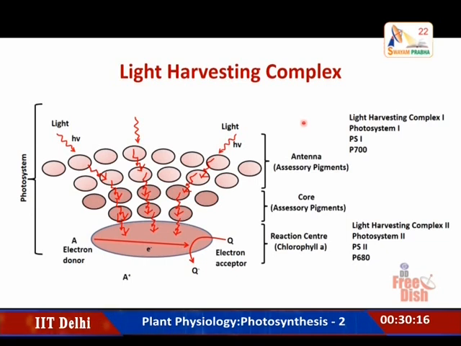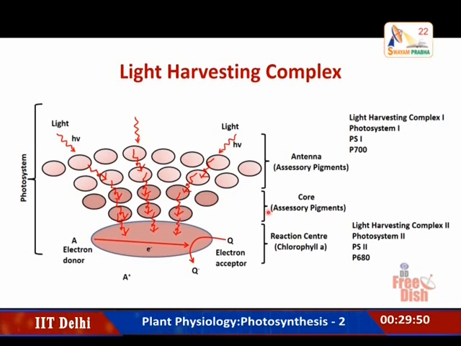That means they have antenna pigments on the periphery, then core accessory pigments in the center, and ultimately the reaction center, which will absorb or utilize this light energy with the help of electron donors and electron acceptors.